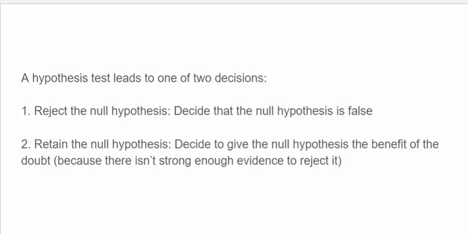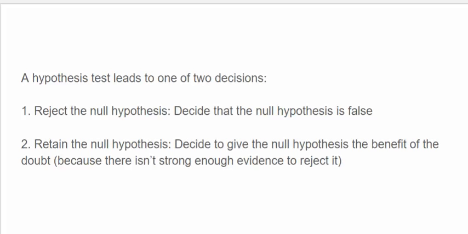It's when you collect data and you say, I'm confident that this is true about the population, but I'm not 100% sure. I might be wrong. So when you do a hypothesis test and you reach one of these decisions, the decision that you reach is an inference. You're not 100% sure that it's correct.